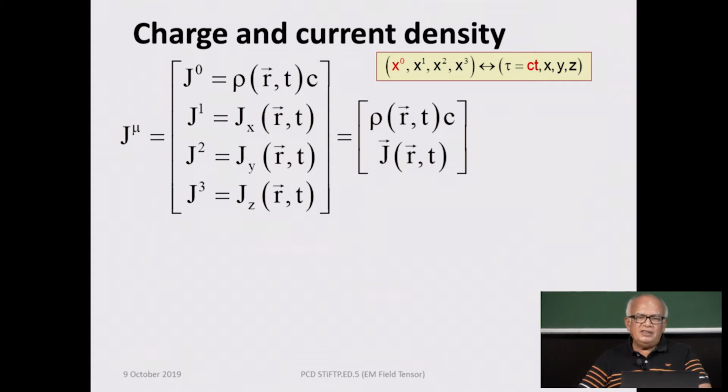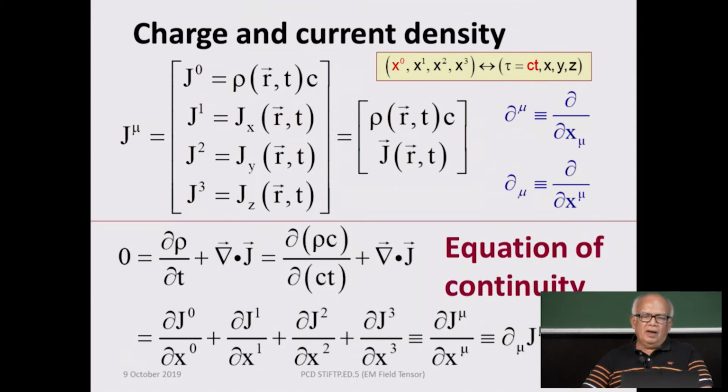So, the charge density, so J0 is rho times c, so they all have appropriate dimensions, and J is rho v as we had defined earlier, the current density vector, and the current density vector is now a 4 component, it has 4 components J0, J1, J2, J3 given by this relation.